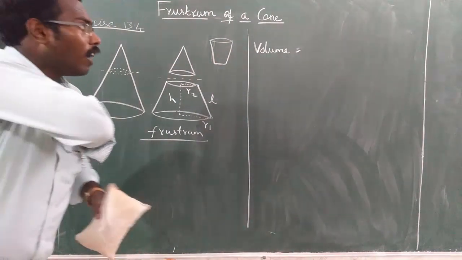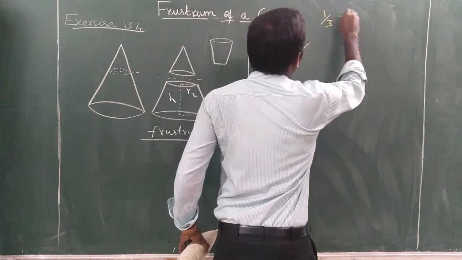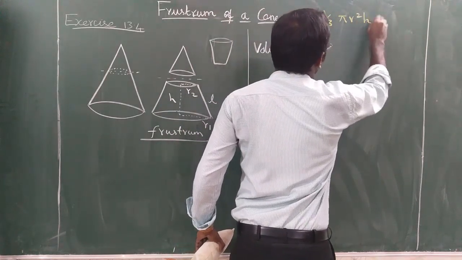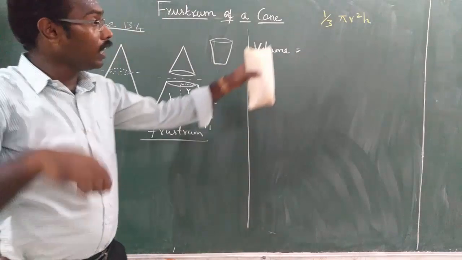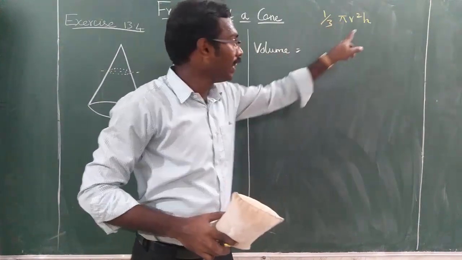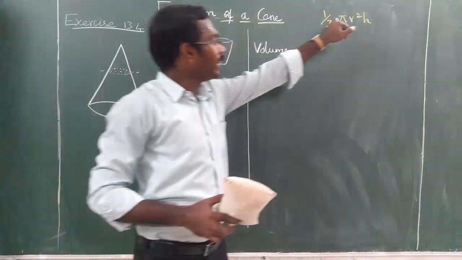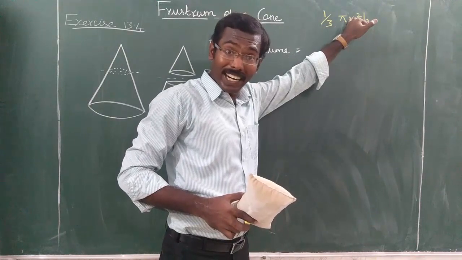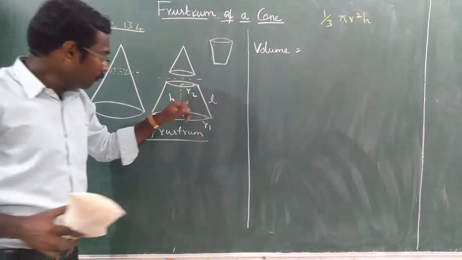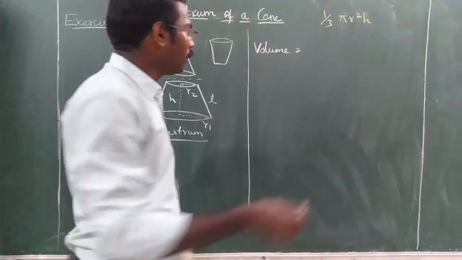The volume of the cone is 1 by 3 pi r square h. Yes or no? So 1 by 3 is a constant, pi is a constant, and h is also there. Only in a cone there is one radius, but in a frustum there are two radii. So the remaining things will be the same.